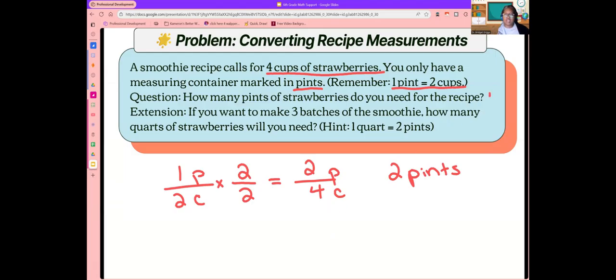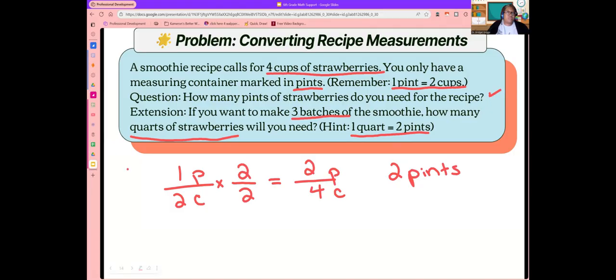Now that we have answered the question, let's look at an extension. If you want to make 3 batches of the smoothie, how many quarts of strawberries will you need? Now we've gone to another measurement, but that's okay because we know that 1 quart equals 2 pints.